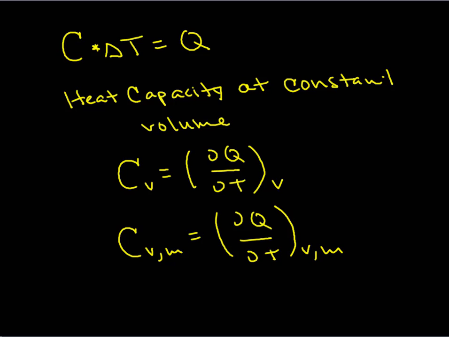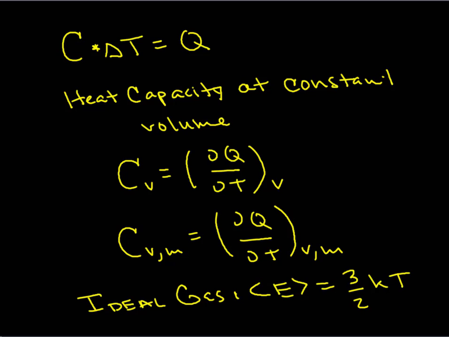Now what we know from our past discussion is that for an ideal gas, and in this case a monatomic gas like helium, in those translational degrees of freedom, the average energy should be equal to 3/2 kT, or 3/2 RT for a mole of our gas.